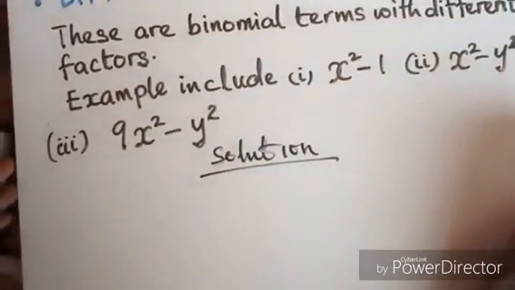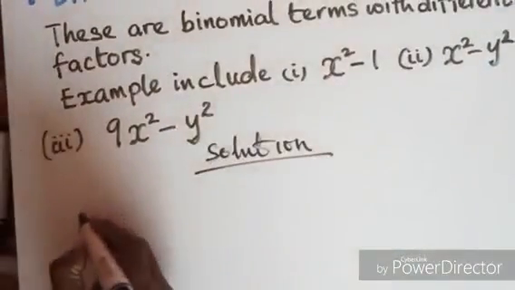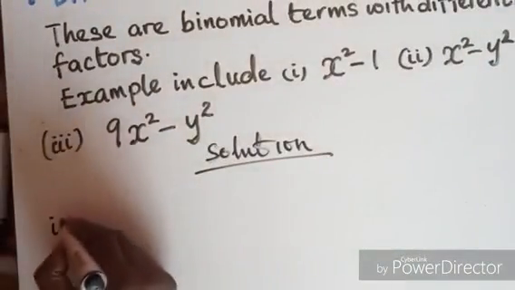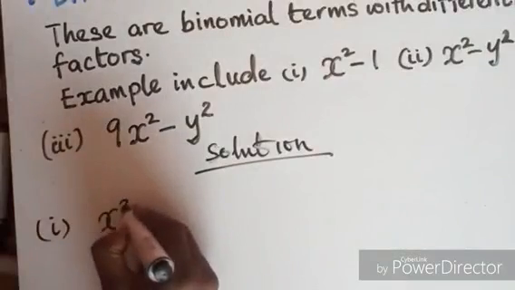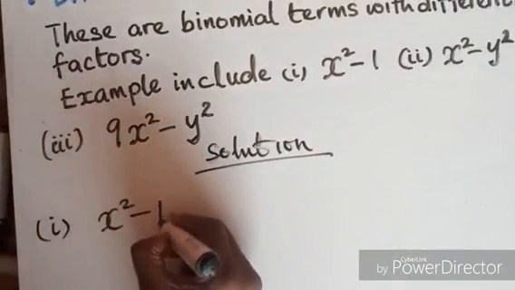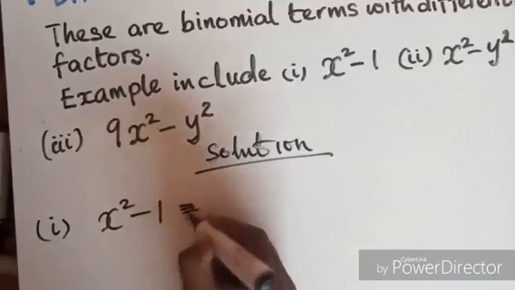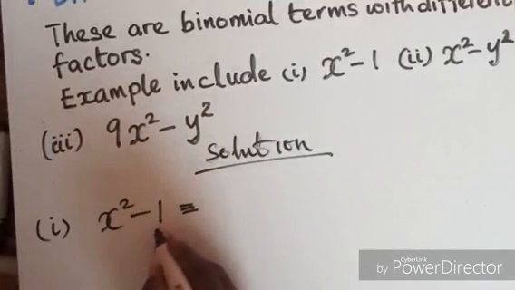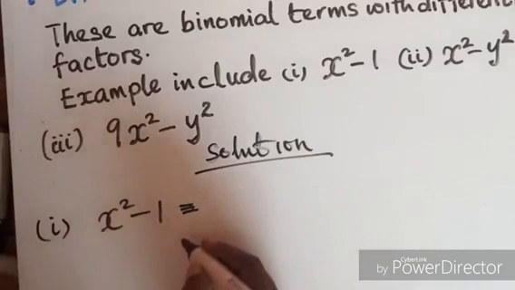Good. When we have x squared minus 1, now we can clearly see the factors of 1, numbers that multiply for us to get 1, 1 and negative 1. So x squared minus 1, you can see 1 times negative 1 will give me negative 1.